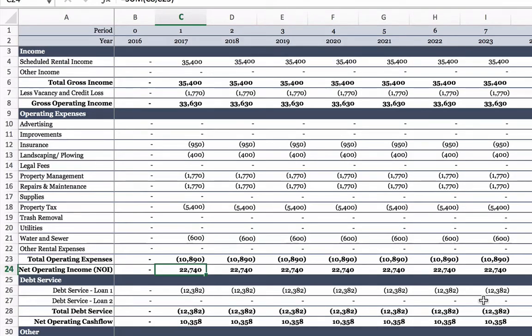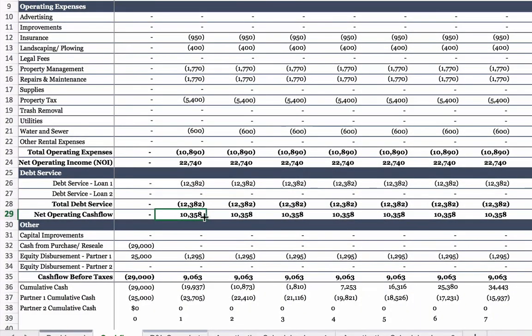Now, I personally, or my business, has a debt service obligation of $12,382, and that gets my cash flow before any equity partnership down to $10,358. All right. Now, the equity partner, I need to pay them a percentage of my NOI.